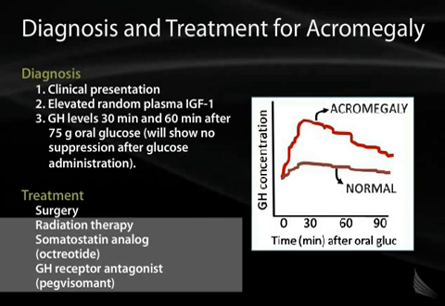And again, if you recall, somatostatin is a hormone that inhibits growth hormone, but also inhibits several other hormones as well. And more recently, there have been developments such that we can use a growth hormone receptor antagonist, where we can block the action of the growth hormone receptor directly. So any one of these medical therapies, along with radiation as an adjunctive therapy, can be used after surgery to help control growth hormone levels.